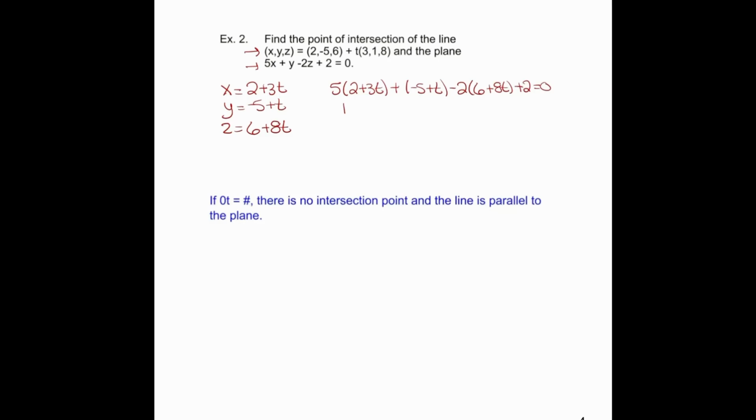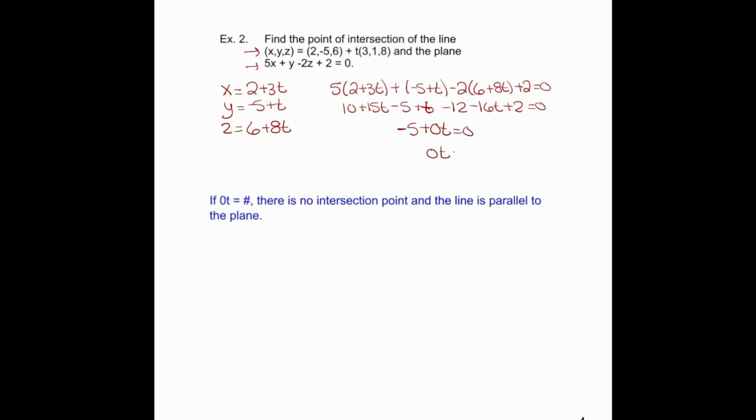So we get 10 plus 15t minus 5 plus t, not 6t, minus 12 minus 16t plus 2 equals 0. Collect like terms, and we end up with -5 plus 0t equals 0.